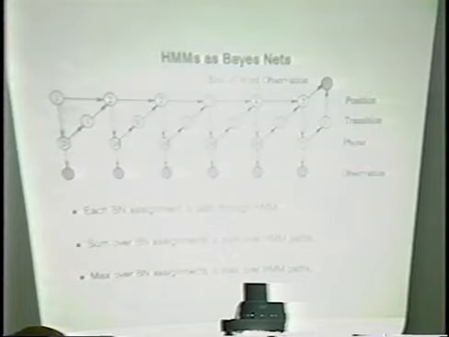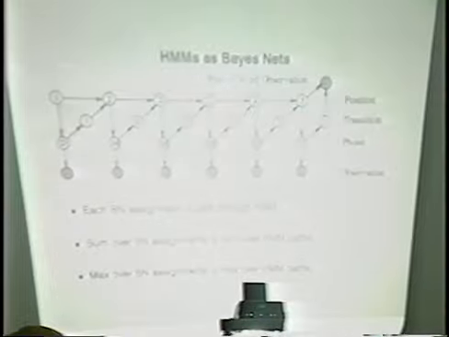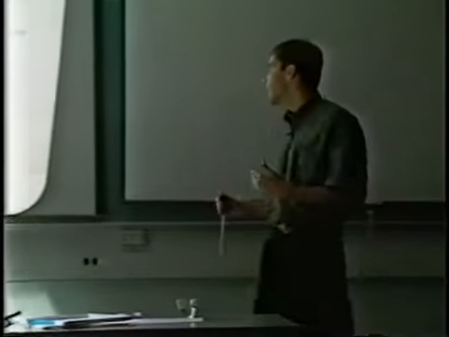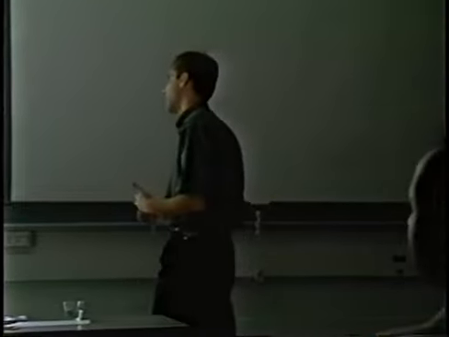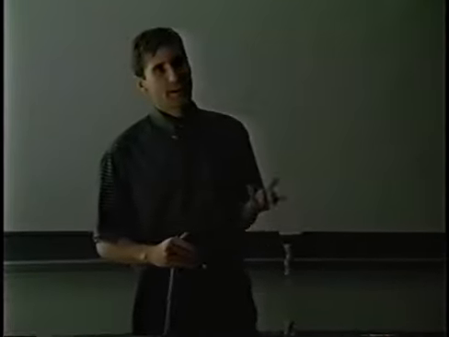That means that when you sum over all the possible ways of assigning values to the hidden variables, you get the same as the sum over HMM paths, so you can compute observation probability. And when you find the likeliest assignment of values to the hidden variables, that's the same as doing Viterbi decoding.